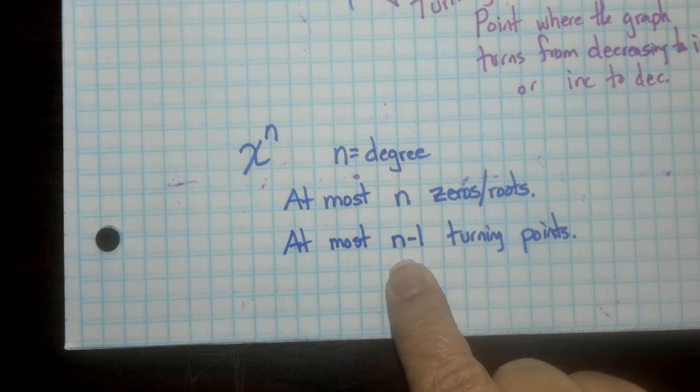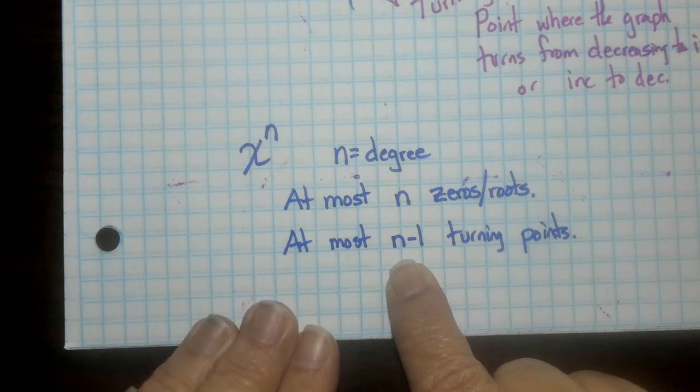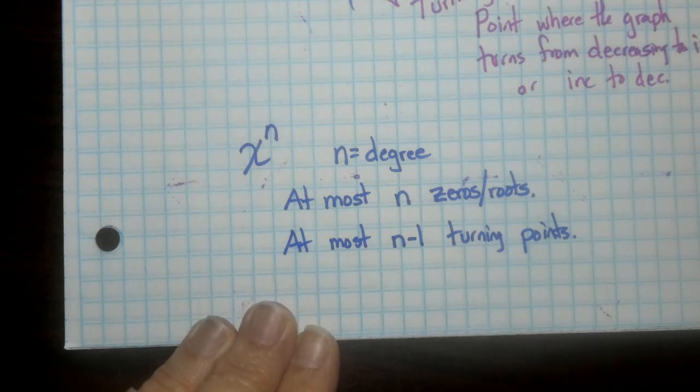Now it might only turn twice or once. Actually, it won't turn once, because if it's even, it has to go the same way both times. But anyway, I guess it could turn once. Wouldn't turn twice. Well, it can if it's below the x-axis, I guess. Anyway, you have n minus 1 turning points.